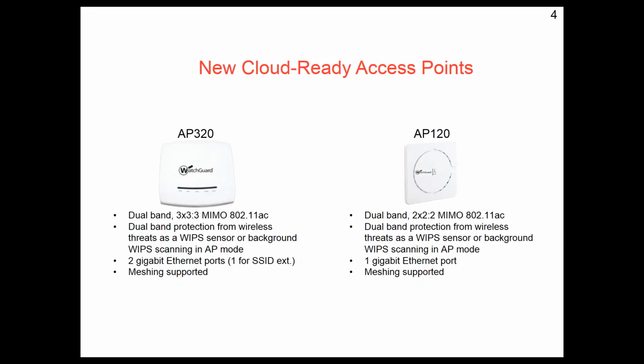So we covered WIPs in the first installment. So if you're interested in doing wireless intrusion prevention, definitely suggest checking out our first installment of this FireBytes series. And then the 320 supports 2 gigabit Ethernet ports, while the AP120 has a single gigabit Ethernet port. And both of these devices support meshing.